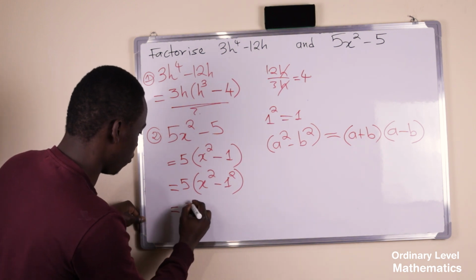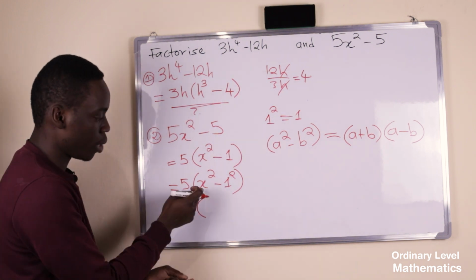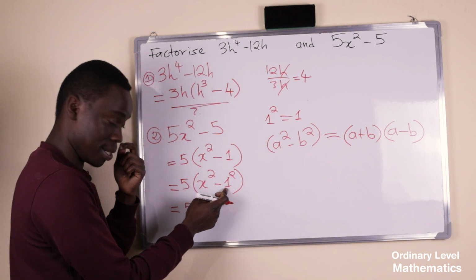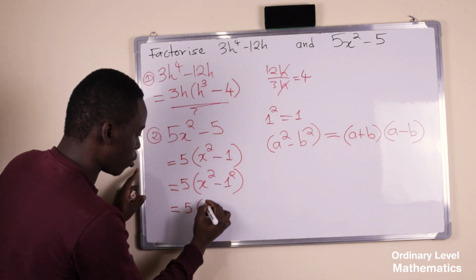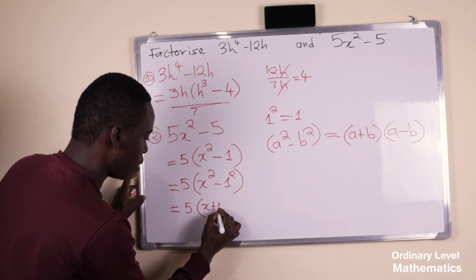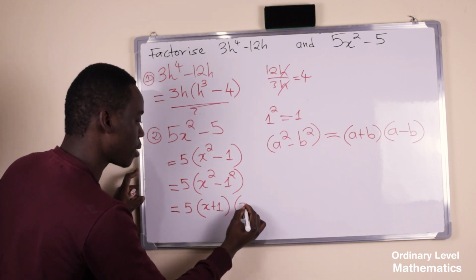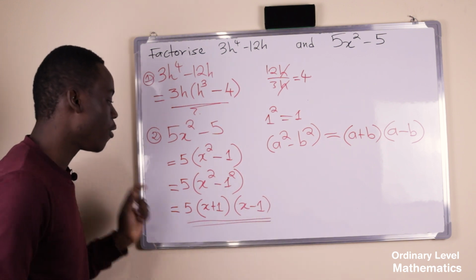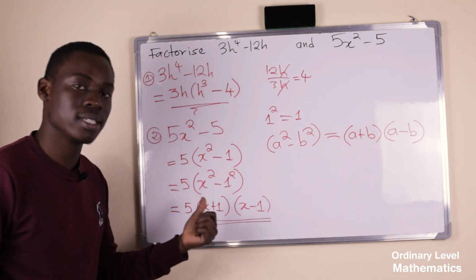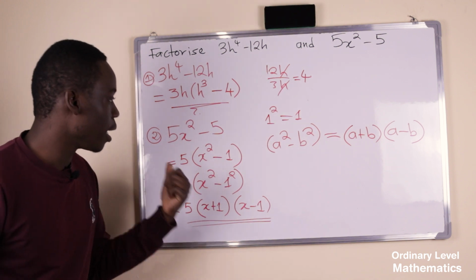And this is equal to 5. What did we say? We add this plus that, then in the other factor we subtract. So this will be x plus 1, the other one will be x minus 1, and this will be our final answer of this factorization expression.